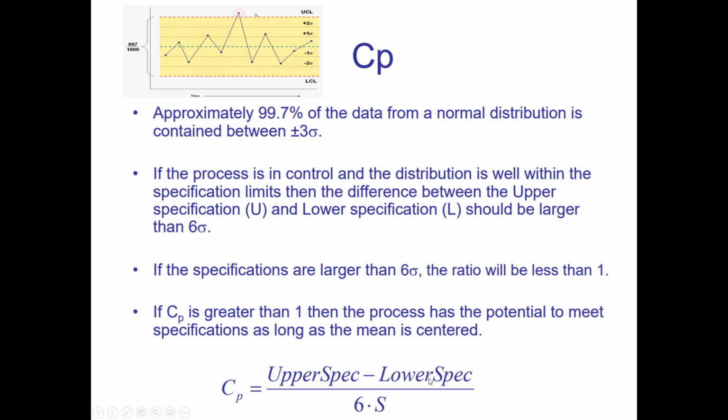If this numerator, upper specs minus lower specs, is greater than 6 sigma, then definitely the value will be high. If the specification is smaller than 6 sigma, the ratio will be less than 1, and if it is less than 1, then we will say the process is not capable. But if Cp is greater than 1, then the process has the potential to meet the specification as long as the mean is centered.